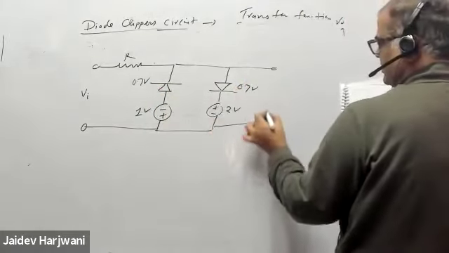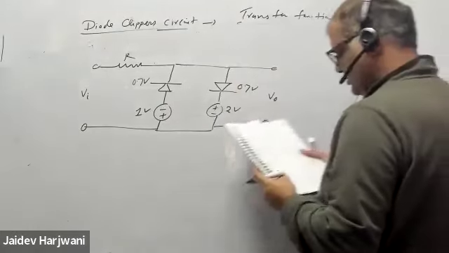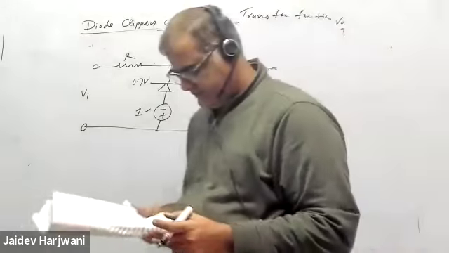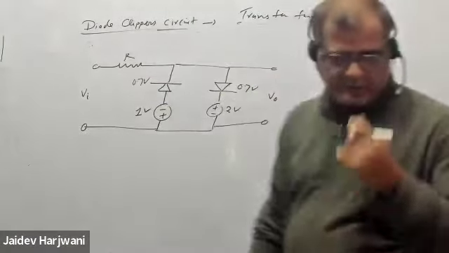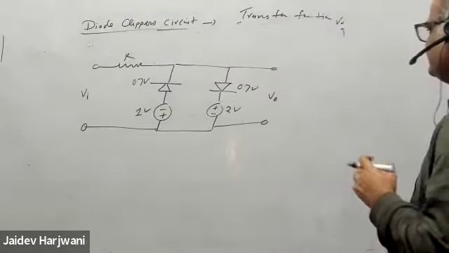This is your V naught. Find the transfer curve for this graph.